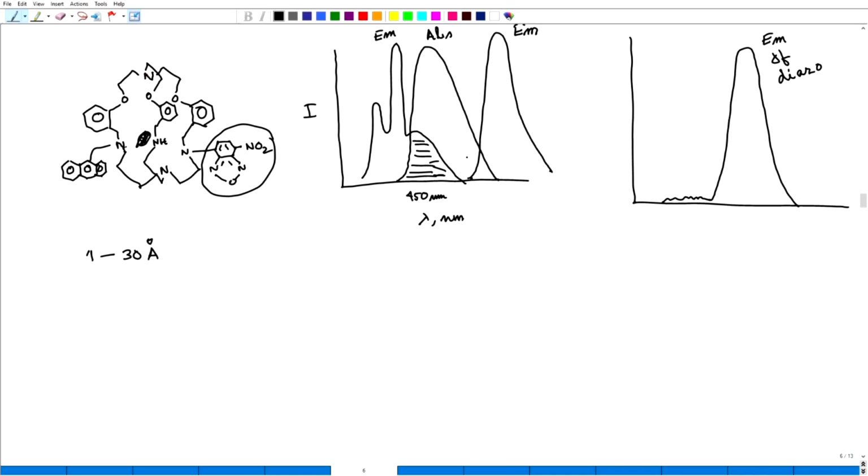Because this emission energy will be completely transferred to the diazo compound, provided the distance is up to around 30 angstrom and the orientation is perfect, or you can say that the dipole moments of both should match.